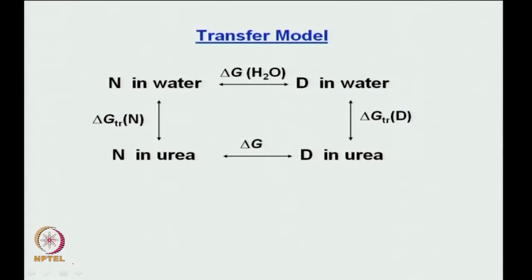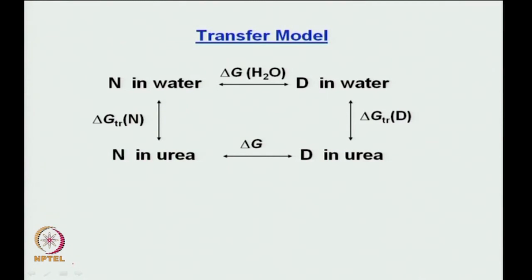Then N in water goes to N in urea, that is delta G transfer of the native state, that is why it is called delta G transfer in brackets N. Then you go to the right hand side of this cycle, D in water goes to D in urea. This one is delta G transfer of the denatured state, and finally N in urea goes to D in urea, and that is what your delta G is.